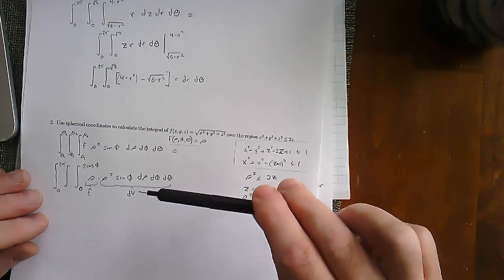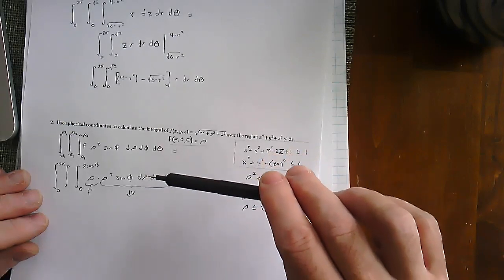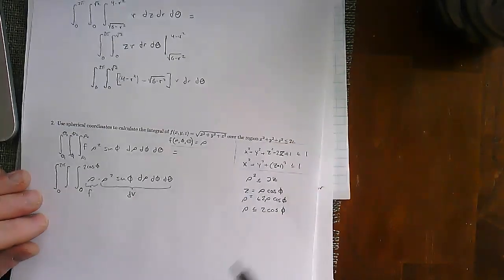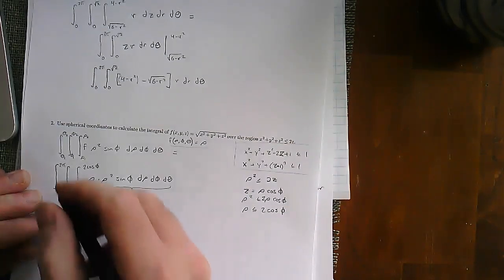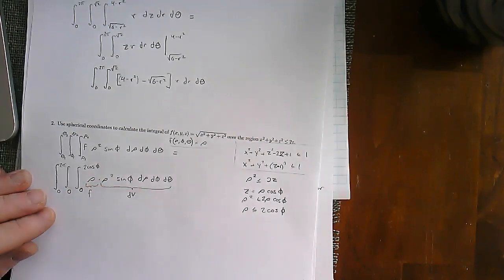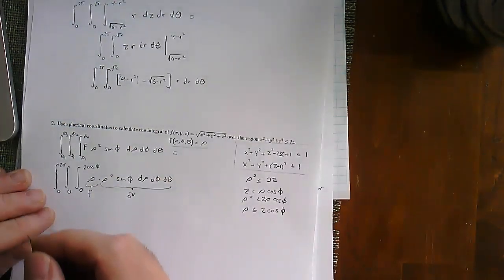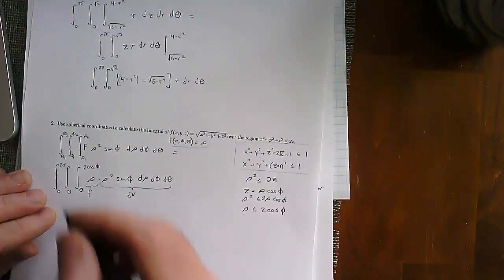So the angle of declination, or the angle formed between the z-axis and our point, at the minimum would be 0 here. And the most it could be, if we were at a point on the xy plane, right, a point on the xy plane would have phi equal to pi over 2, a 90-degree angle there.